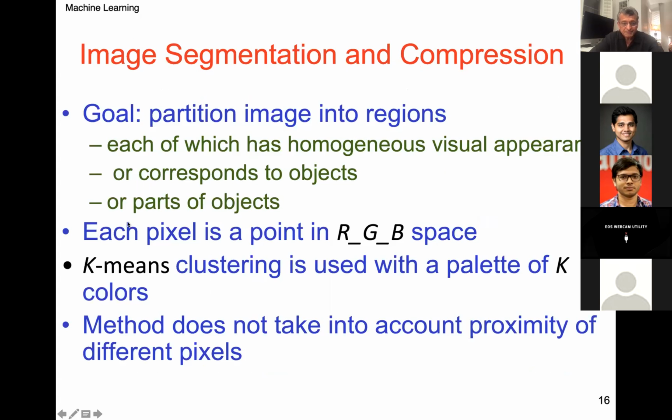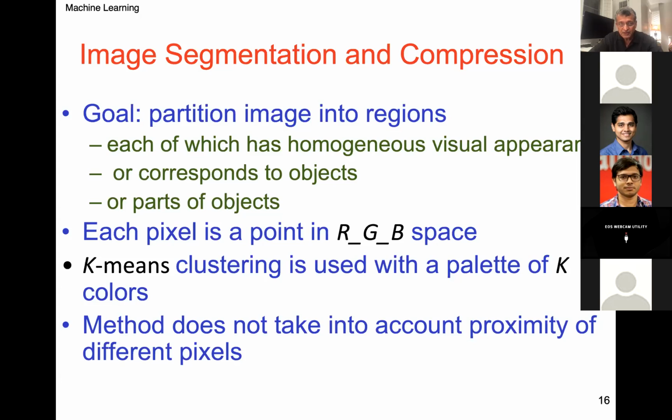Each pixel is a point in RGB space. K-means clustering is used with a palette of K colors, and the method does not take into account proximity of different pixels, but simply assigns a pixel to one of K classes, either two colors or three colors or 10 colors. And each pixel is a point.